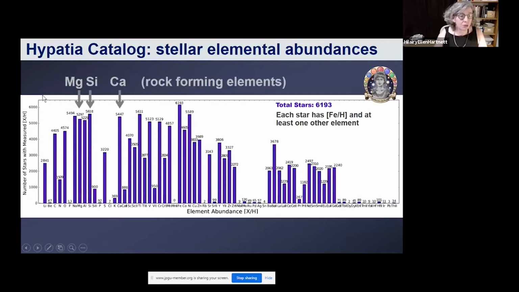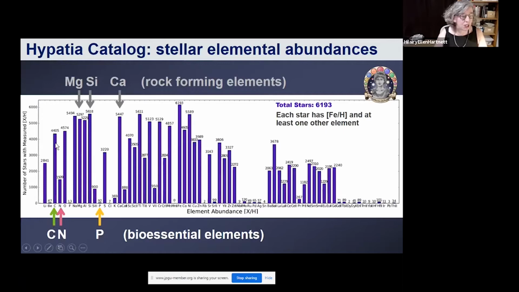There are examples of rock-forming elements like magnesium, silicon, calcium. And you can see here that these elements are represented in 5,200, 5,600, 5,400 stars. There's a lot of data for these. The bioessential elements that I'm more interested in, carbon, nitrogen, phosphorus, some have fairly large numbers of measurements.